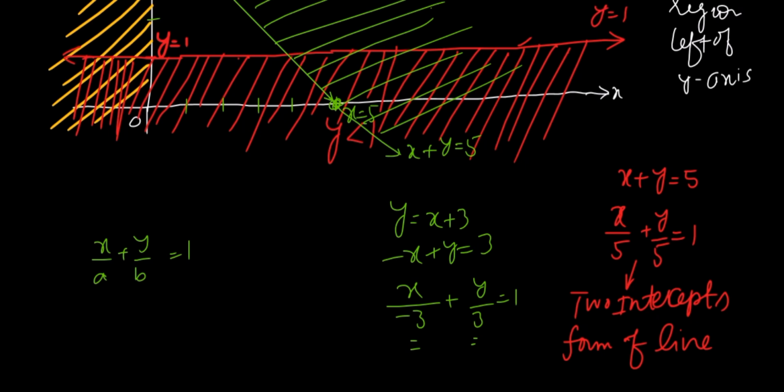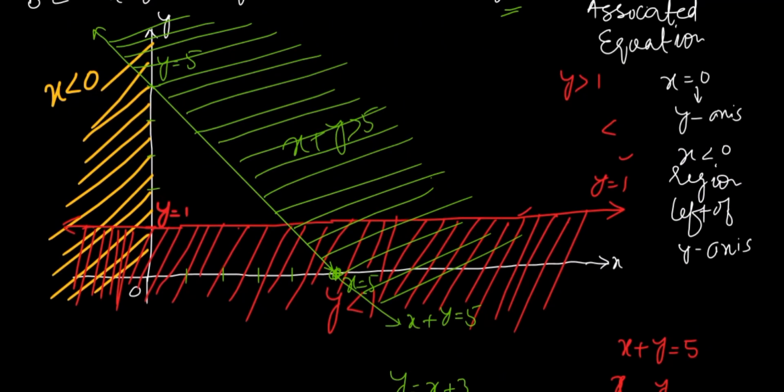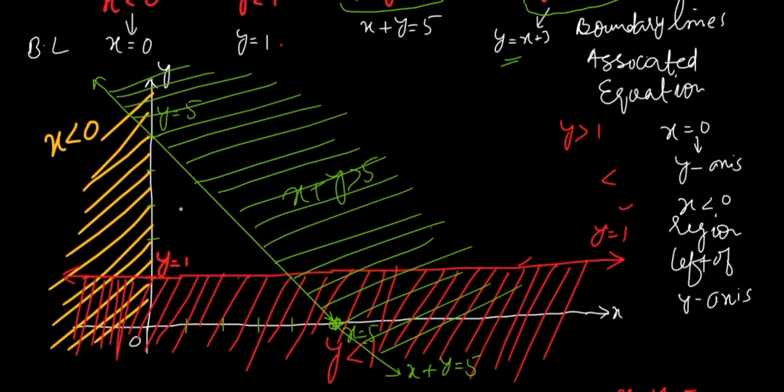So we plot these two intercepts. Where is x is equal to minus 3? Suppose this is x is equal to minus 1, this is x is equal to minus 2, and this is x is equal to minus 3. Where is y is equal to 3? This is y is equal to 1, y is equal to 2, y is equal to 3.